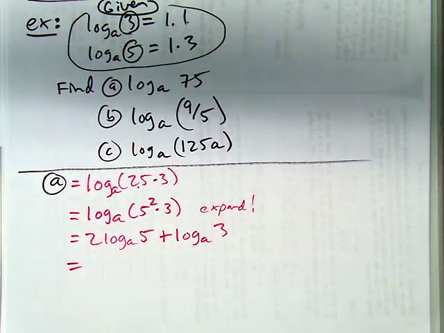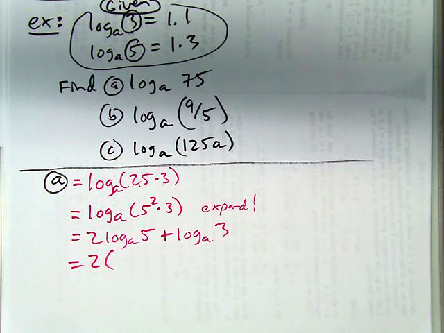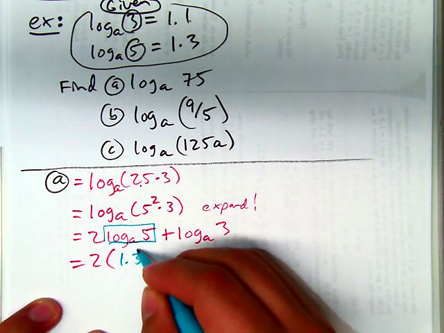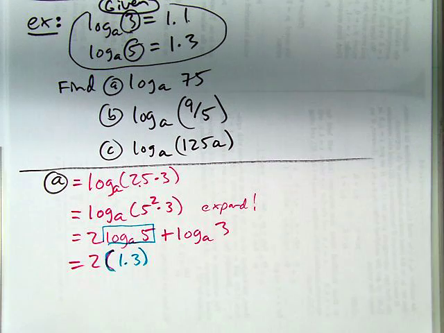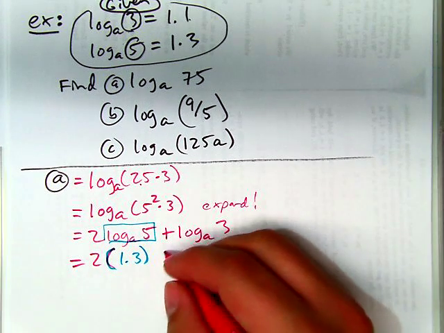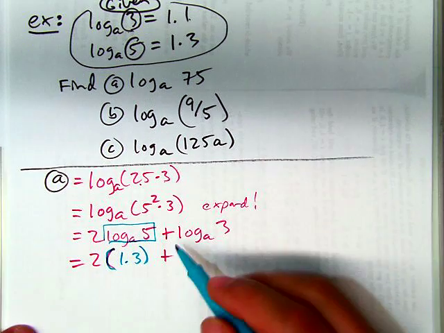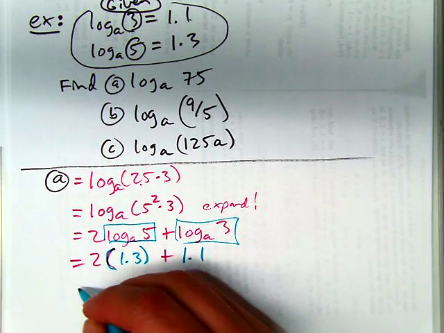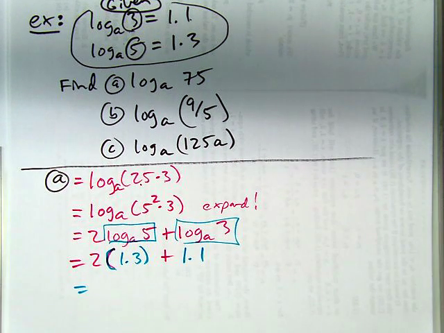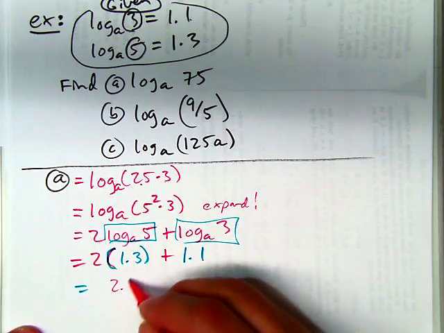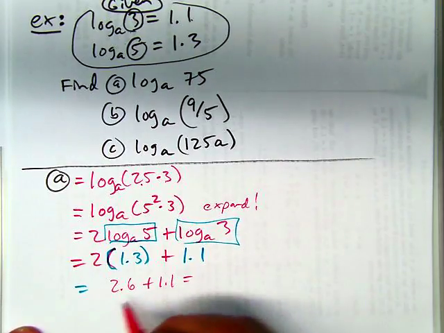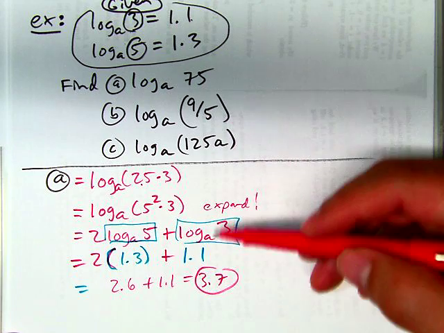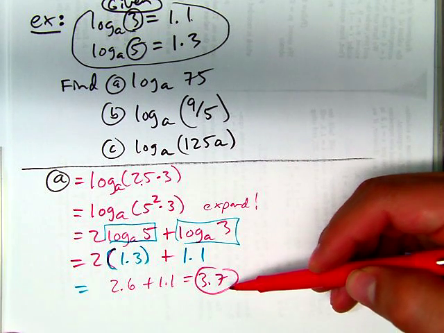And now since I know that log base a of 5 was actually 1.3, I can go ahead and substitute that in. And since I know that log base a of 3 was 1.1, we can go ahead and actually get a numerical answer here. So this will be 2.6 plus 1.1, which is 3.7. Okay, so the answer for part A here would be that this value is going to equal 3.7.